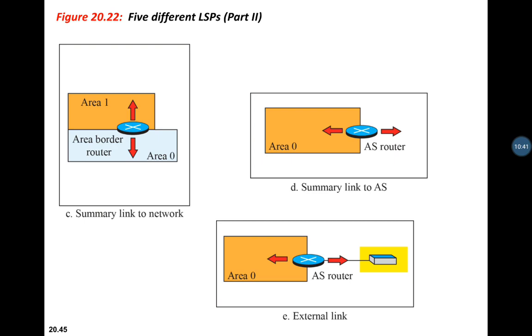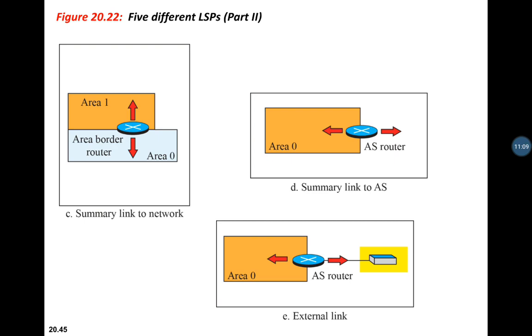Next, summary link to autonomous system. This is done by the autonomous system router. It advertises the summary of links from other autonomous systems to area 0, which is the backbone area of the current autonomous system. The information can be disseminated to the areas so that they will know about the networks in other autonomous systems.